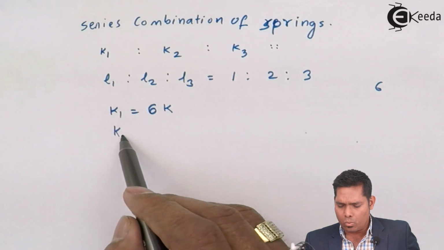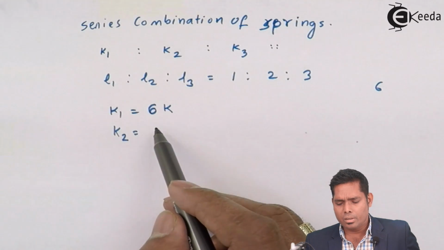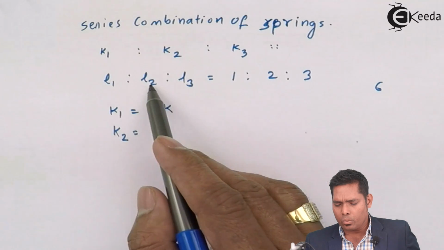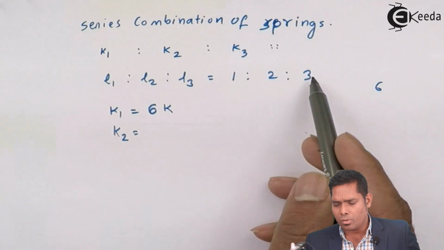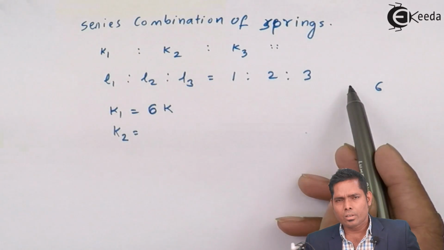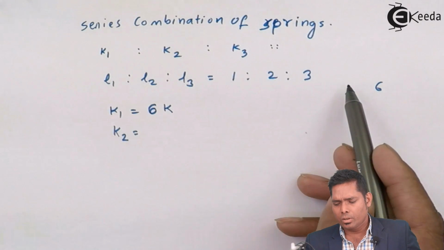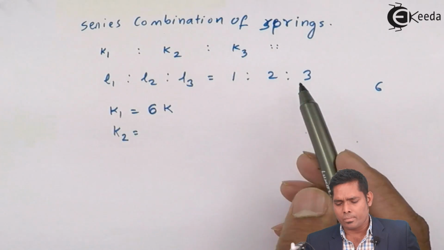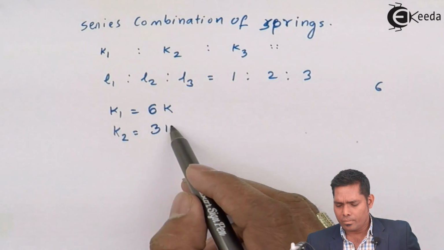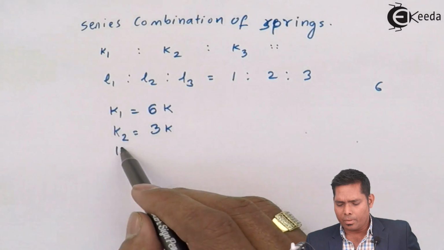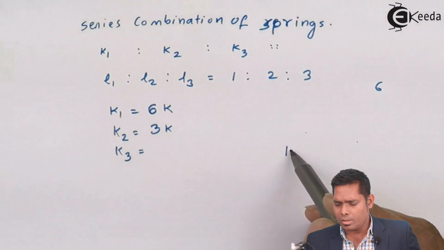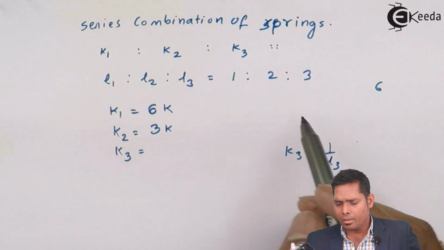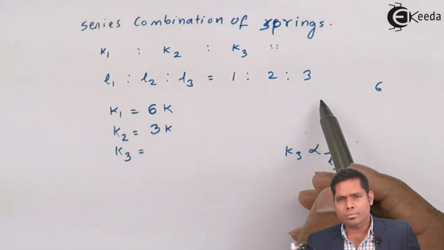Similarly, K2 is proportional to 1 upon L2. L2 is 2 parts of 6, that is 1/3. If L is 1/3, then K will be 3 times, so it is 3K. Similarly, K3 is inversely proportional to L3. L3 is 3 parts out of 6, that is half.